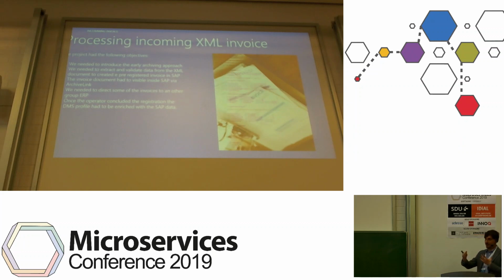It's a parking step. So basically, we create a temporary version of the invoice in SAP, and then it gets processed and re-enters the flow of the late archiving. So in this phase we also needed to collaborate with another ERP, and certain invoices had to go that way.